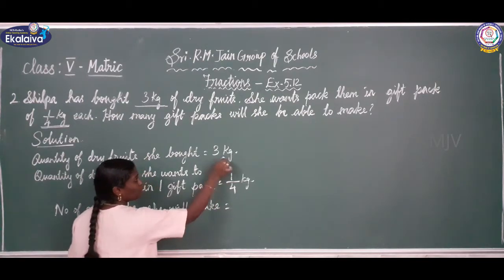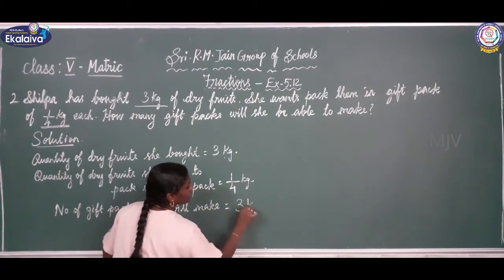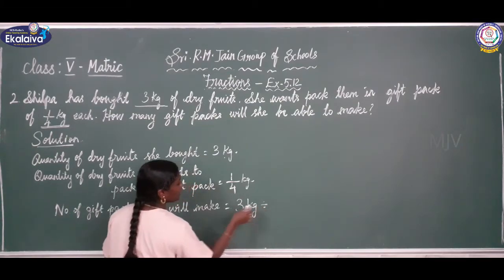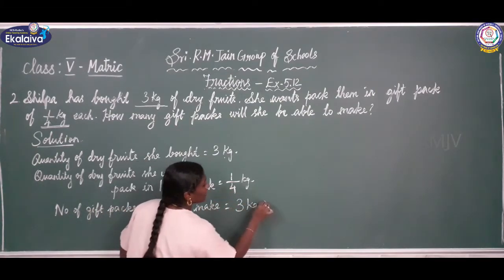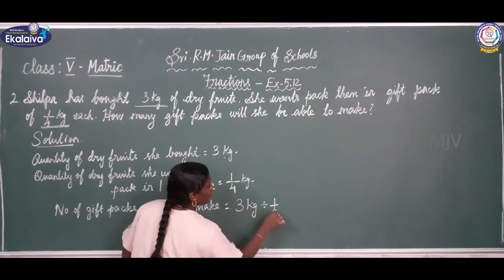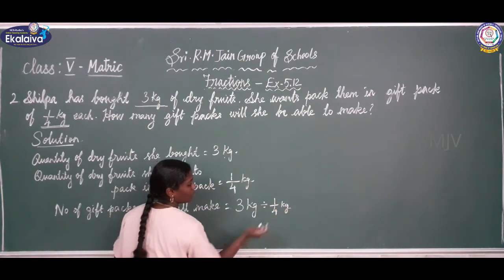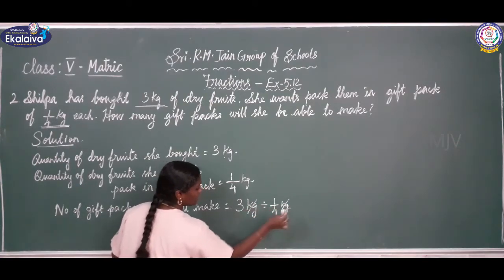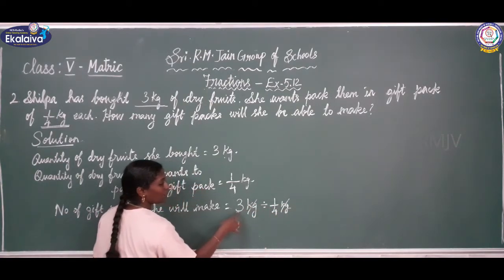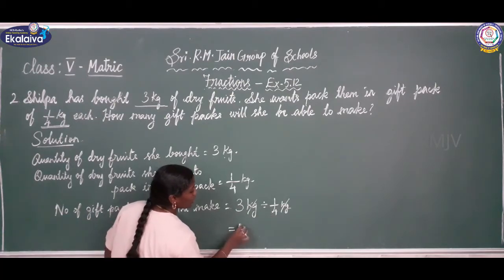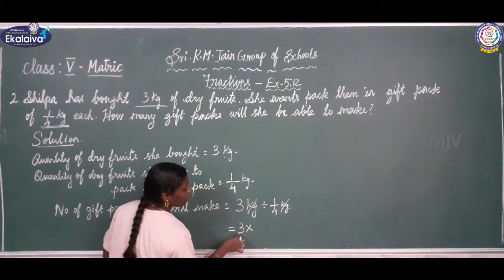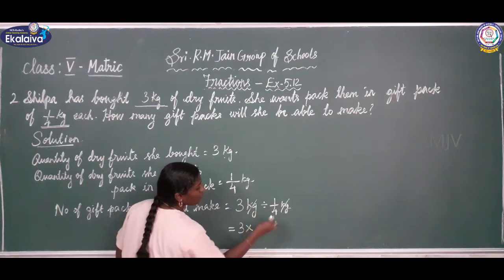For that we have to divide the quantity she bought by the quantity she will pack in one pack. So 3 kg divided by 1 by 4 kg. Kg cancel. Here to divide the number 3 by 1 by 4, we are going to multiply the number 3 by the reciprocal of 1 by 4.